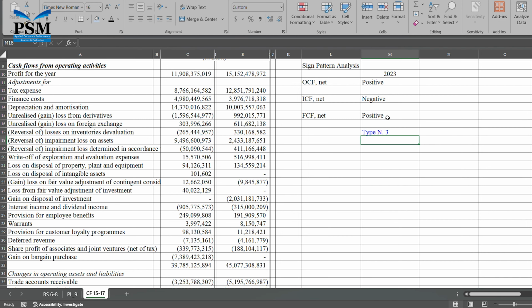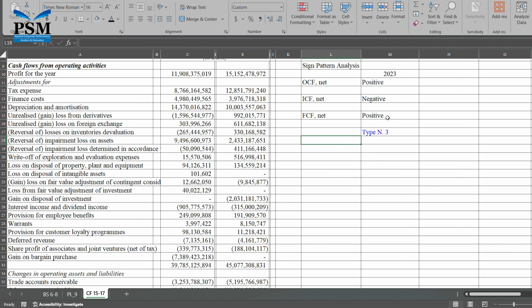So the company also uses external financing. Positive means cash inflow, negative means cash outflow. So the company is using both internally generated cash and externally generated cash to cover its investments. So it's a growing company. That is type number 3.